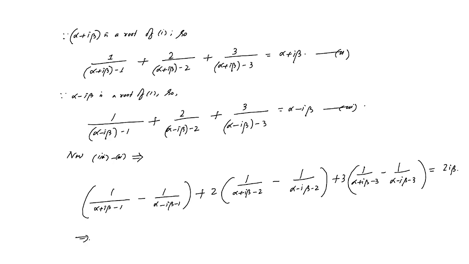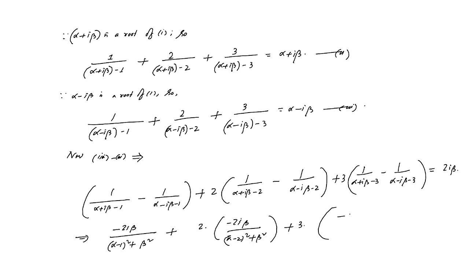Now we just do the calculation and we will see minus 2 i beta by (alpha minus 1) whole square plus beta square, plus 2 into minus 2 i beta by (alpha minus 2) whole square plus beta square, plus 3 into minus 2 i beta by (alpha minus 3) whole square plus beta square, equals minus 2 i beta.